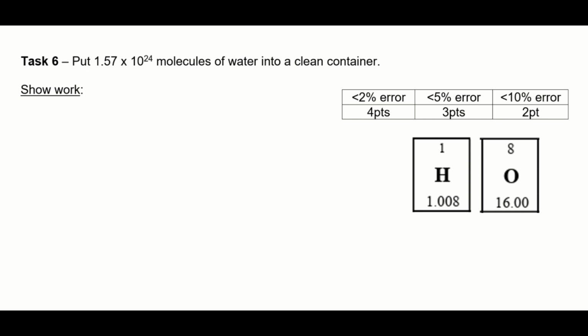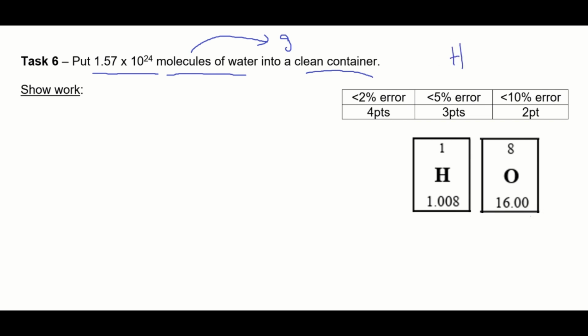Finally, task 6, I'm asked to put 1.57 times 10 to the 24 molecules of water into a beaker or a container. So again, the only thing I have available to me is a scale. So I want to convert molecules into grams so I can measure that out on my scale. I'm gonna get the molar mass here. I know I'm gonna need that, so I'm gonna do that first.